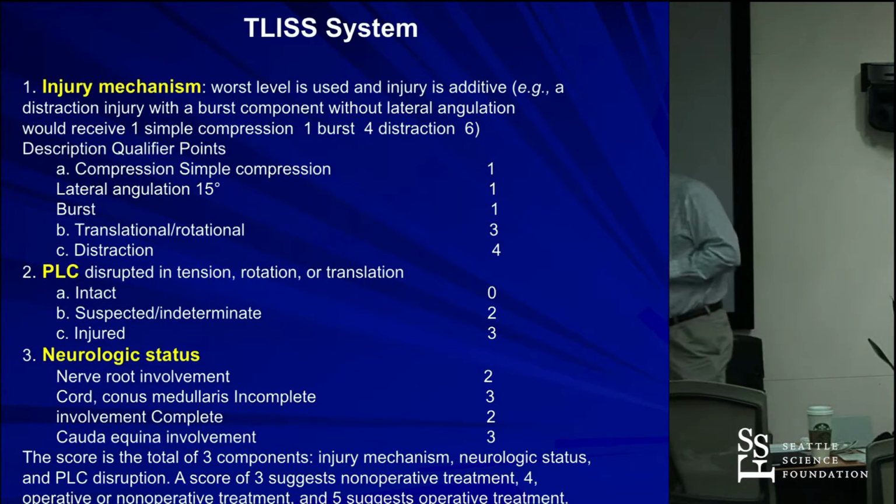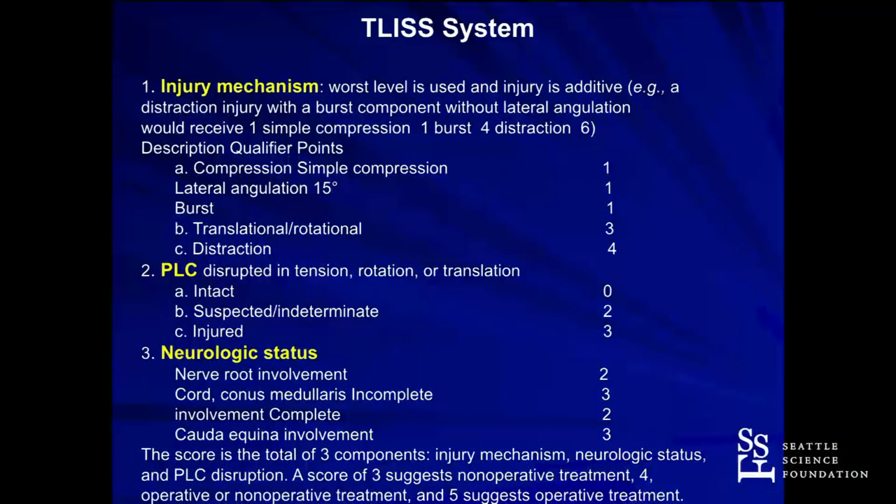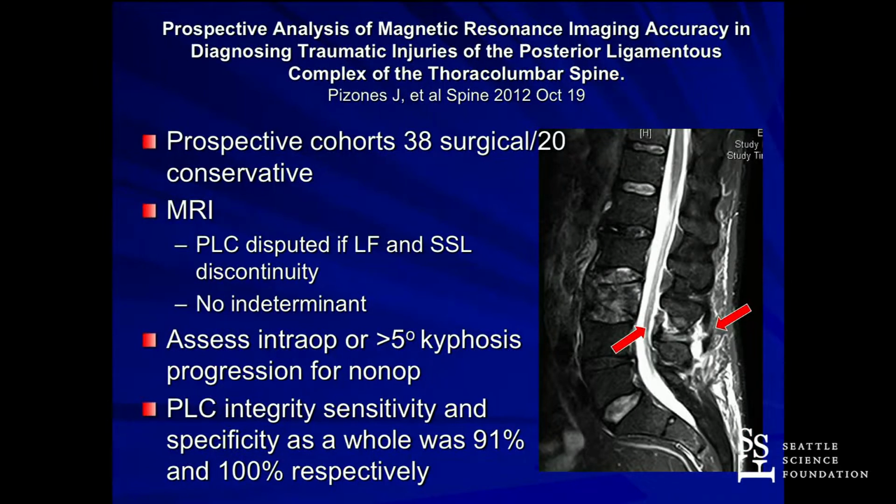Below 4, it was non-op. Above 4 was operative. 4, which was a burst fracture, I'm not quite sure about the posterior ligamentous complex. Never answered the question. You still didn't know. And I would postulate today we still could argue about that. And it may depend on what part of the world you live in. We don't even know how to define the posterior ligamentous complex.